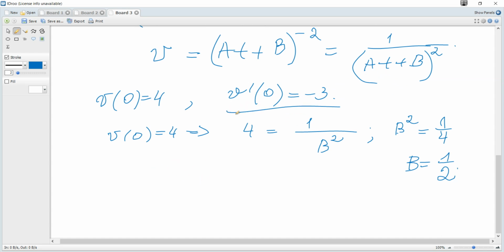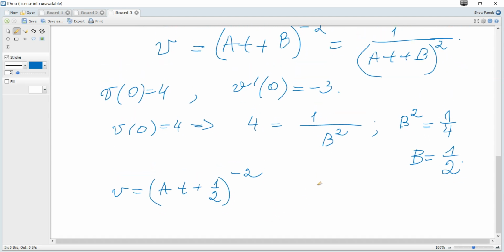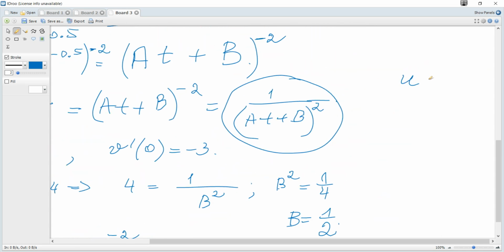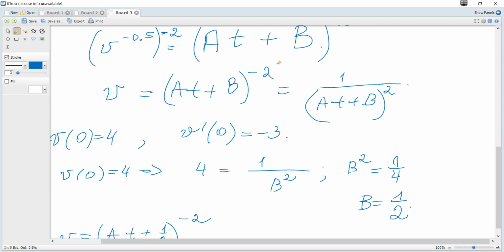To find a, we need the derivative. I can rewrite v as at plus a half to the power of negative 2, and to find the derivative you can use the quotient rule, where u is 1 and v is this denominator, or if it is represented like this, it's just the chain rule.